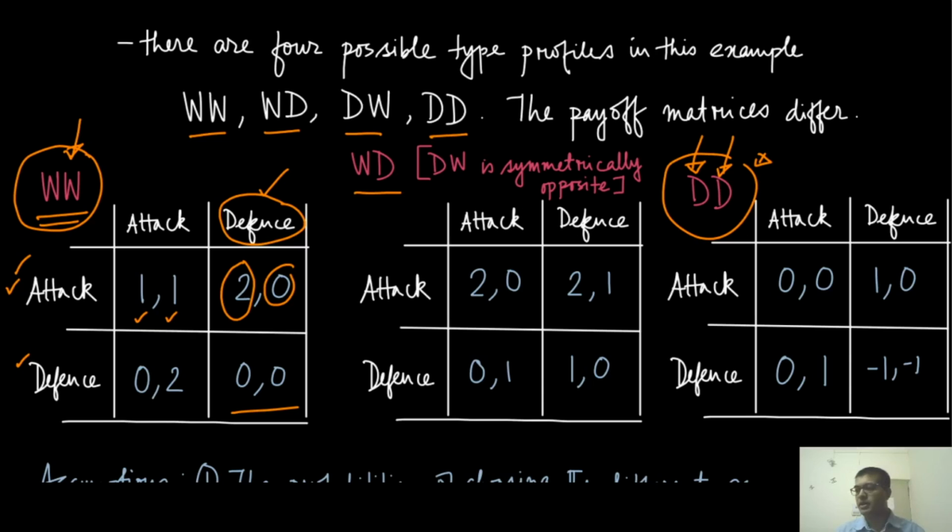So if player 1, let's say, is picking W, then it knows that either it is playing this game or this game, because the W is remaining the same, but it does not know what the other player's type is. These are private information. Therefore they have an uncertainty about the game that has been played.